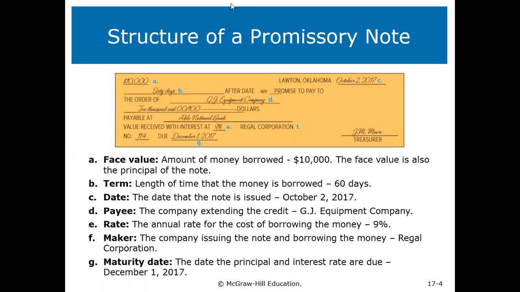So this is an example of a promissory note. I think I gave you an introduction about this last time. This is the structure of a promissory note: $10,000, 60 days after date, we promise to pay to the order of GJ Equipment Company $10,000 in this case, payable at Able National Bank, value received with an interest of 9%, Regal Corporation.